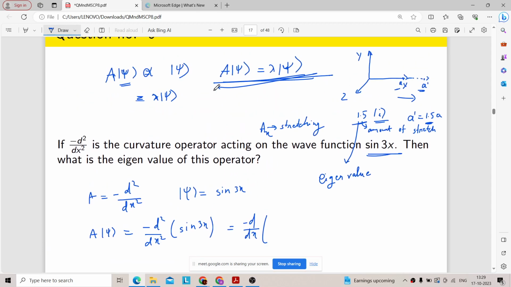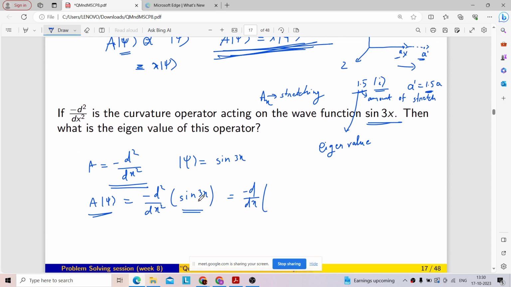This is the eigenvalue equation, right? Here psi is sine 3x and the operator is minus d square over dx square. So you have to operate on this state sine 3x, one derivative at a time.